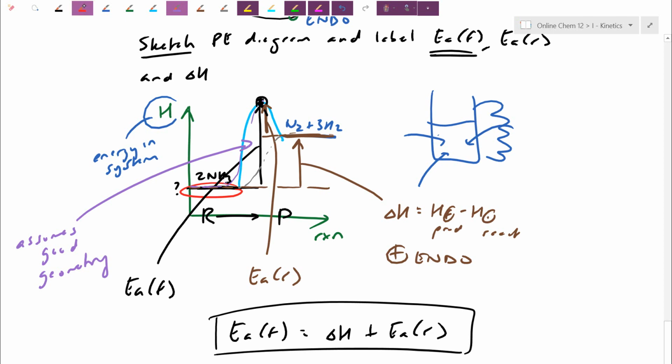If I have bad geometry, remember, I need extra energy to actually twist the molecule. When I twist the molecule, that's an added energy requirement. Let's compare this blue hill, that's the good geometry case, to the bad geometry case here.